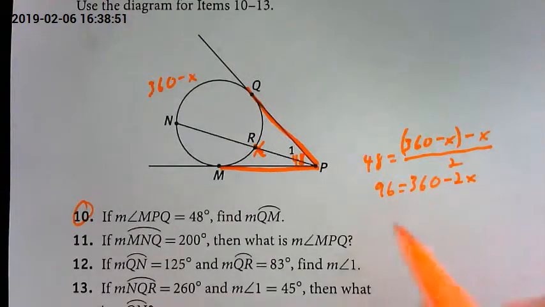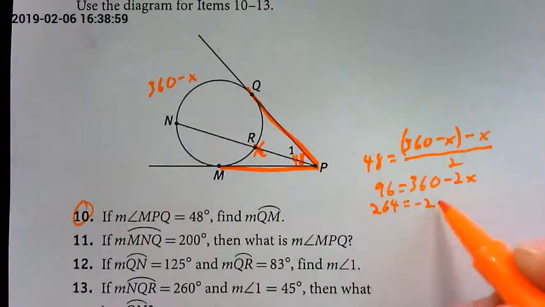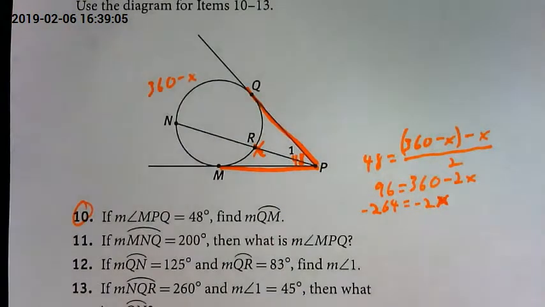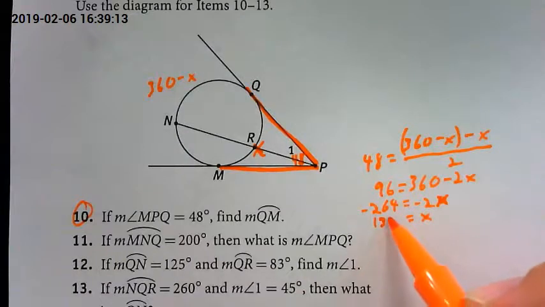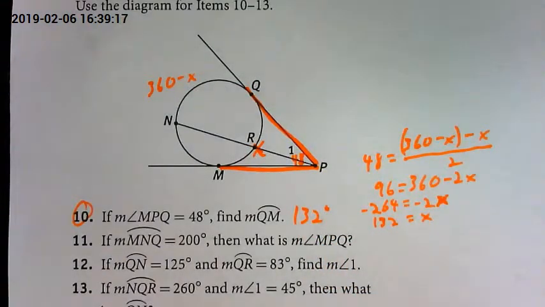We can bring the 360 over, which will give us negative 264. Oops, sorry, that is an x, not a 0. Divide by negative 2, and x is 132. So 132 is the measure of the arc we're trying to find.